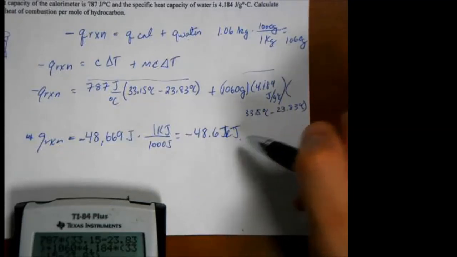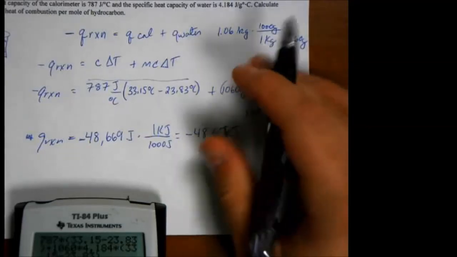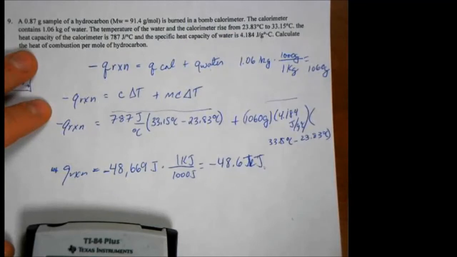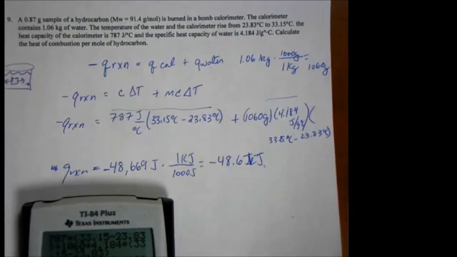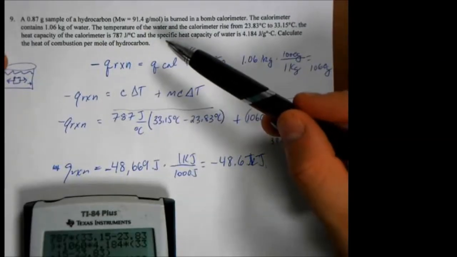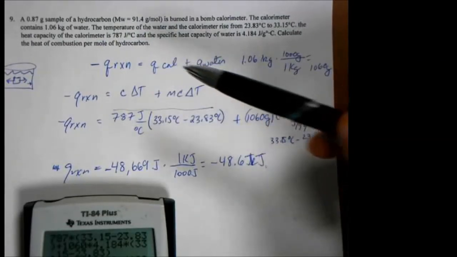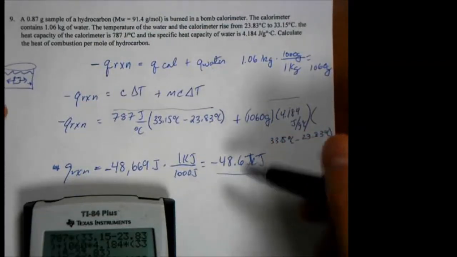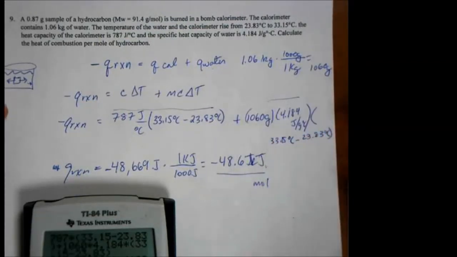This is the number of kilojoules that are produced from 0.87 grams of the sample of hydrocarbon. What this is asking for is to calculate the heat of combustion per mole of the hydrocarbon. All right? So that is much different. So what we have to do is divide this number by the number of moles of the hydrocarbon.